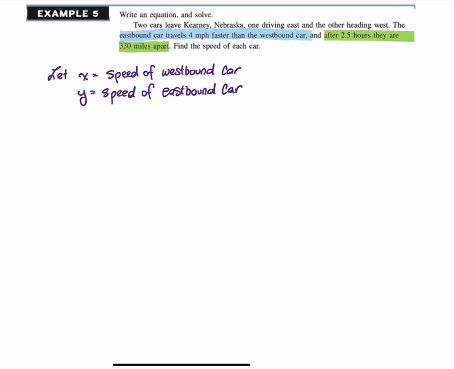All right, and just to draw out the situation, we have some starting point. One car drives west, so it's over here. The other car drives east, so it's over here. And the total distance between them after 2.5 hours is 330 miles. So we can say these two separate distances should add up to 330 miles.